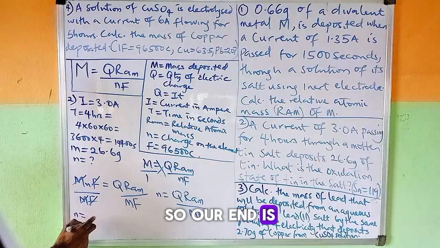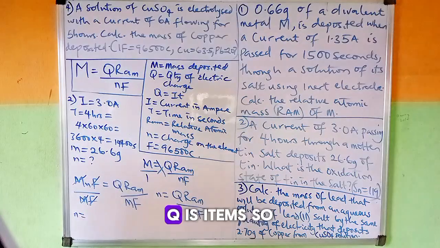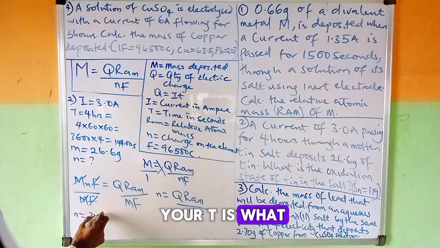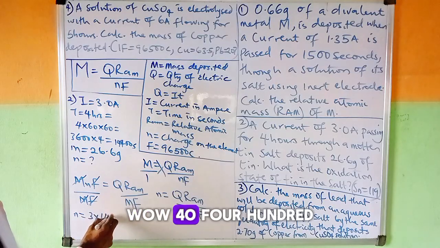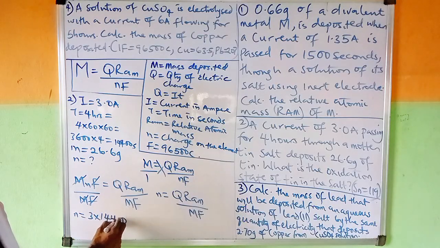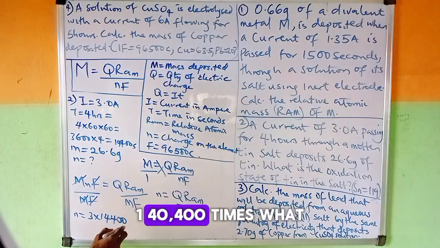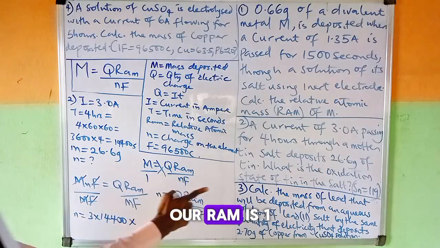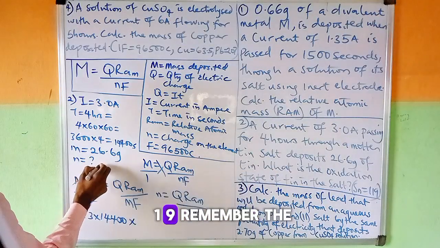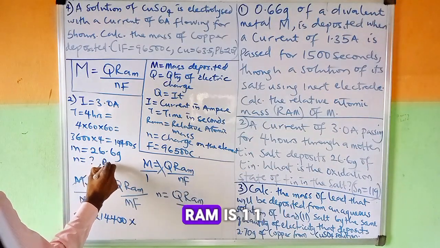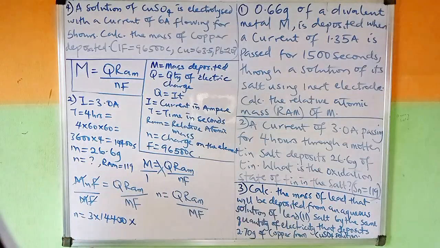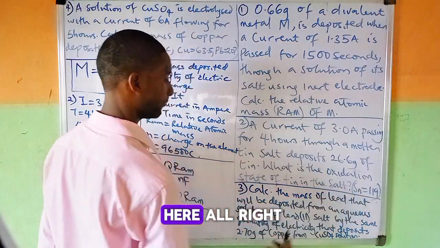So let's slot in the values. Q is IT, so your I is 3 times your T, 14,400, times what is our RAM? Our RAM is 119. Remember, we're given that from the question here.